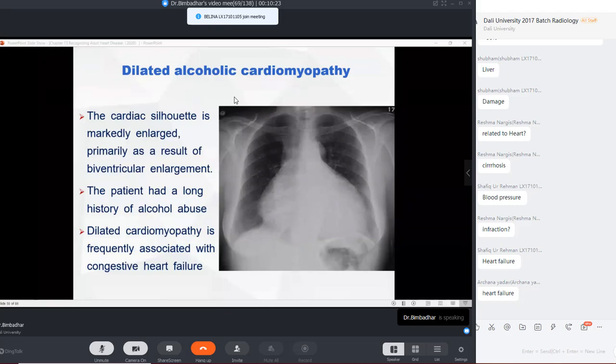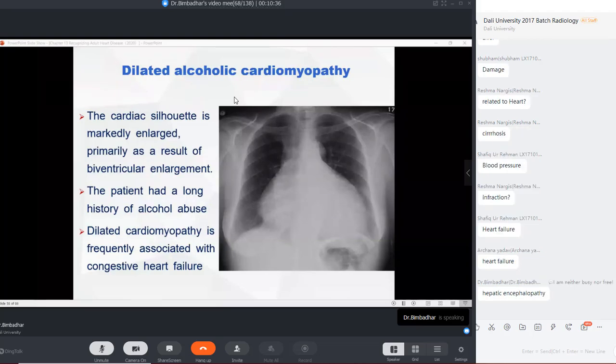Depending on these two things, there will be another condition called hepatic encephalopathy, which has a direct relation to congestive heart failure and portal hypertension.